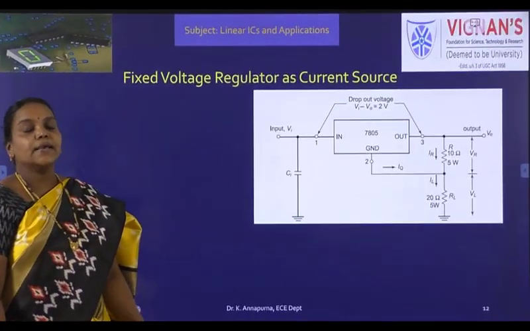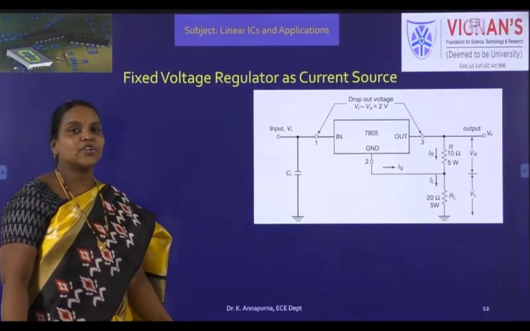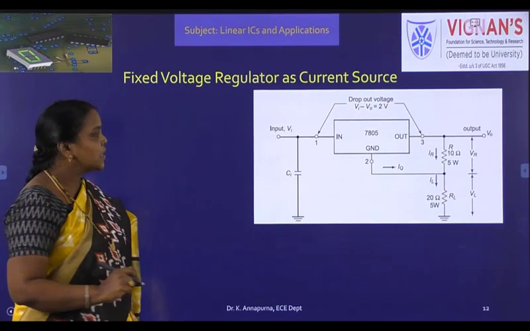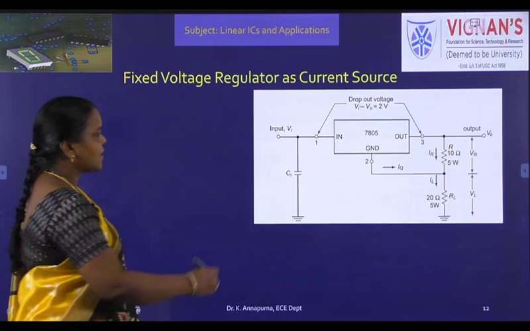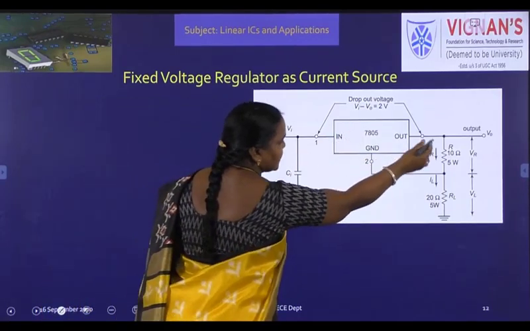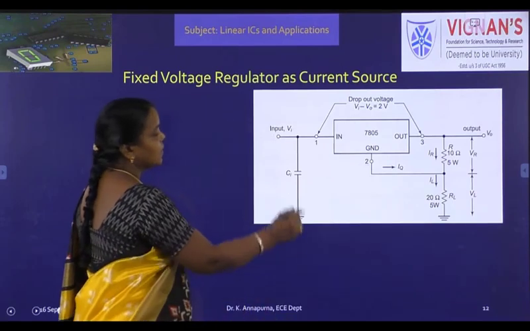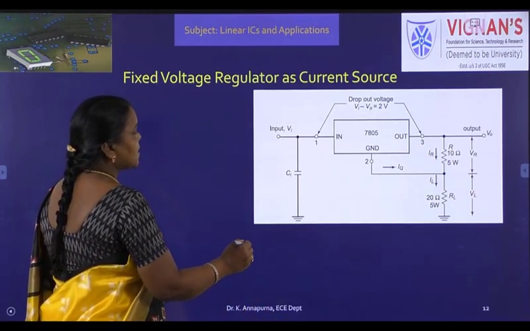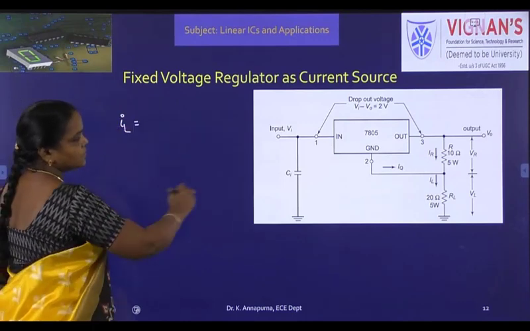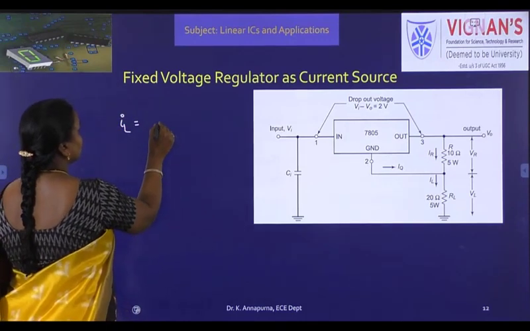Now let us see how a fixed voltage regulator can be used as a current source. So this is the circuit diagram. Already you have seen the 78 series, so all these parts are there. Now what is IL? IL is equal to IR plus IQ.